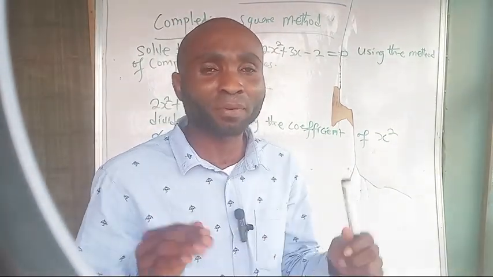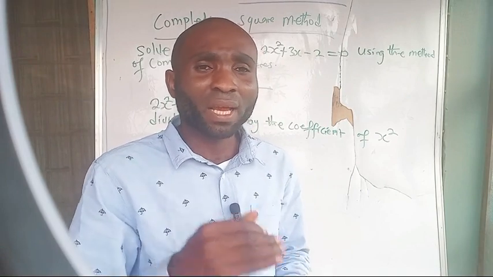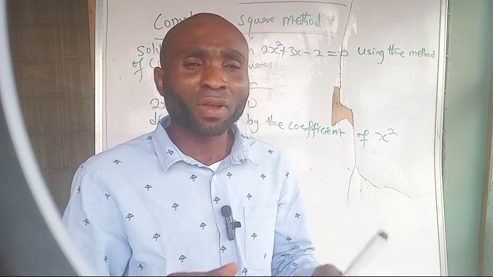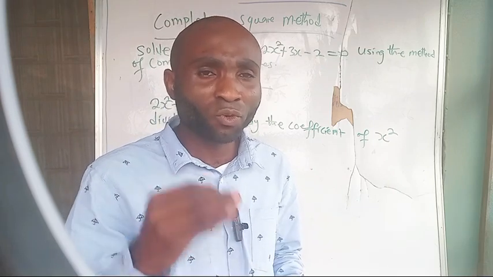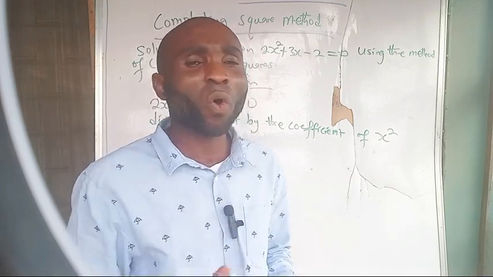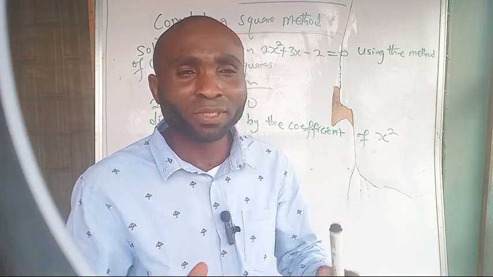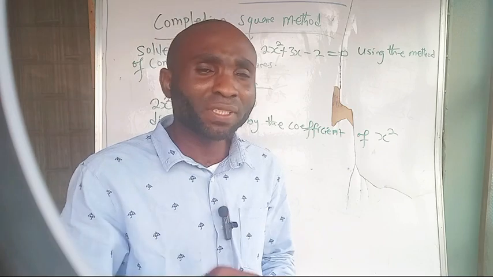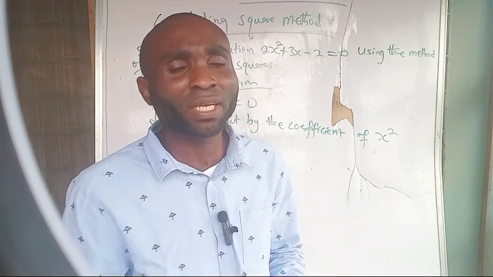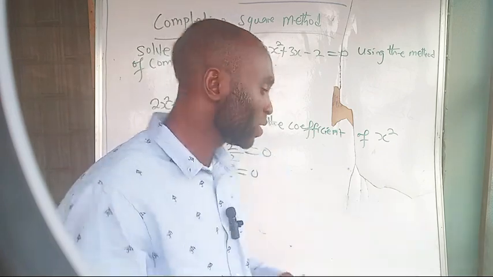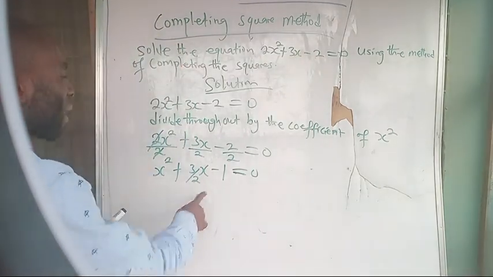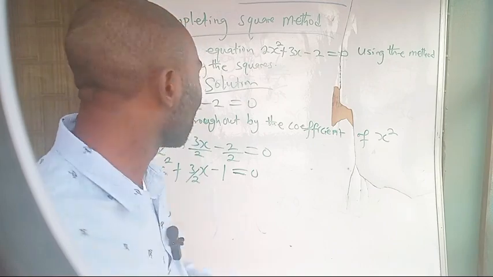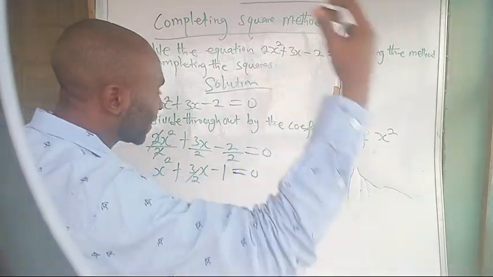Put it at the back of your mind: when dealing with equations, whenever you take a number to the other side of the equation, the sign changes. If it is plus, it changes to minus. If it is minus, it changes to plus. So since we have minus 1, we will take 1 to the right hand side.